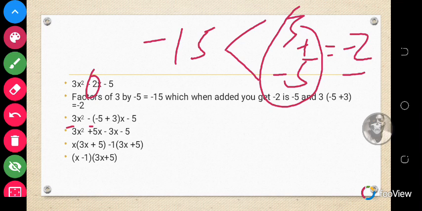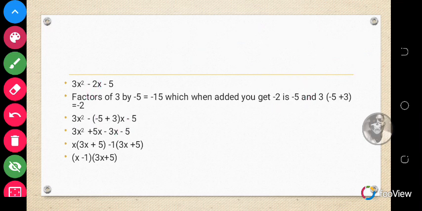So x multiplies negative 5, x multiplies 3, and then what do we have? We have 3x squared plus 5x, because negative times negative is positive, then minus 3x, and minus 5.